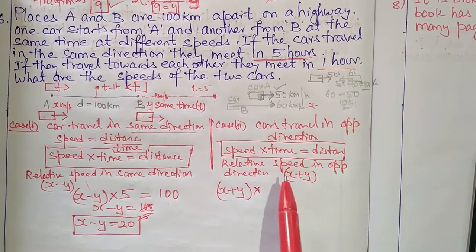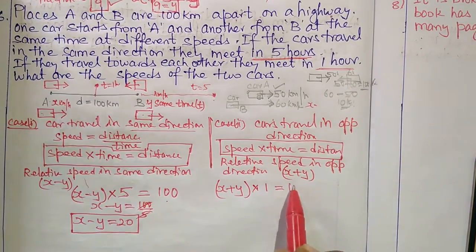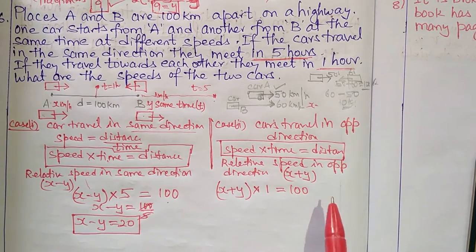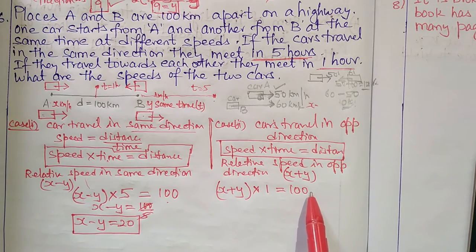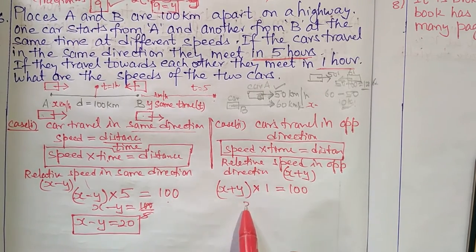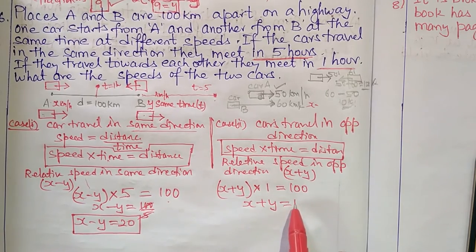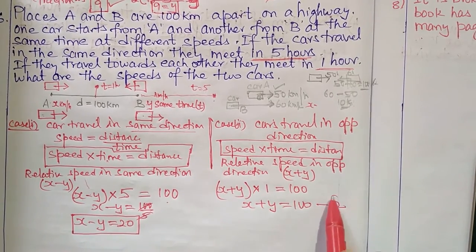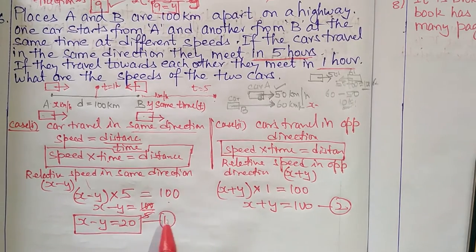In the second case, 1 hour is equal to the distance they have traveled, 100 kilometers. So if I simplify, I will get x plus y is equal to 100. This is equation 2. This is equation 1.